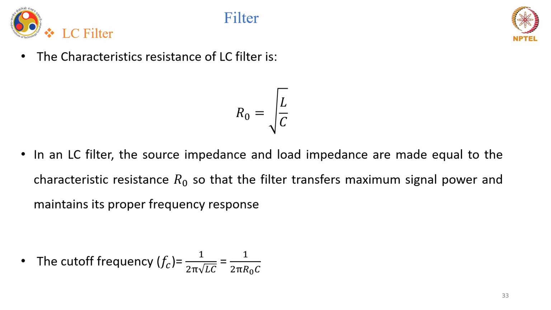That is why the characteristic resistance of any LC filter is crucial, and you can see that it is found by simply dividing the inductance by the capacitance and taking the root. The cutoff frequency for this kind of filter is given by 1 by 2 pi root LC, or if I replace it with R naught, it simplifies to 1 by 2 pi R naught C.